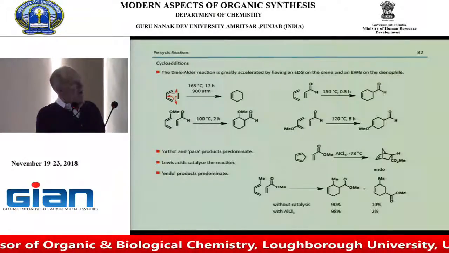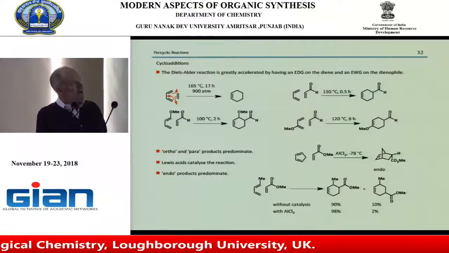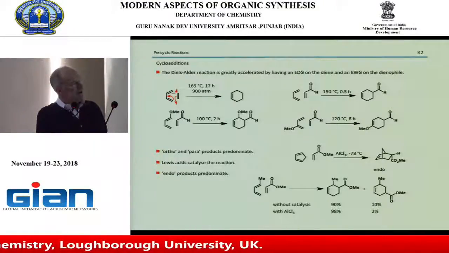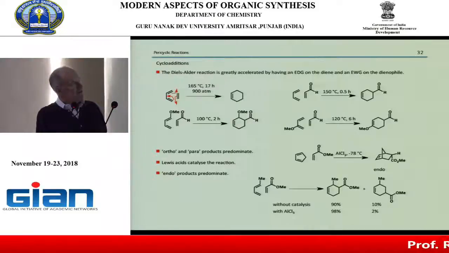If you put, on the other hand, an EDG, electron donating group, on the diene, and an EWG, an electron withdrawing group, on the dienophile. I apologize for using these abbreviations, but that's a donor group and that's a withdrawing group.